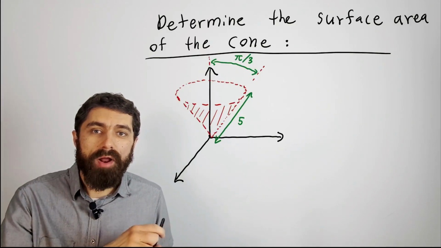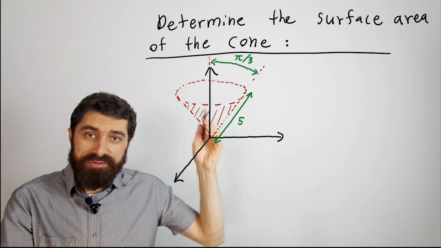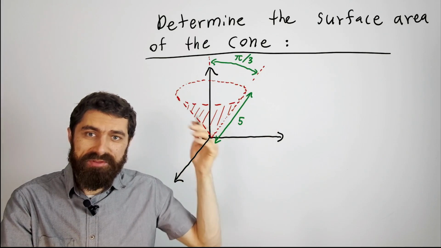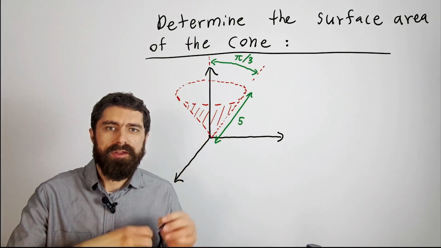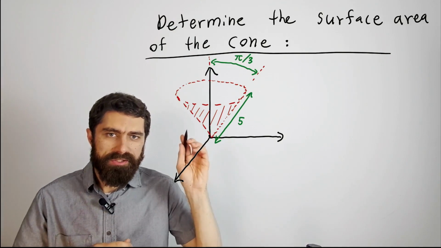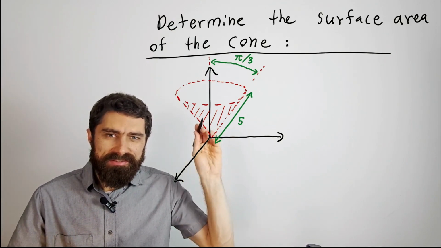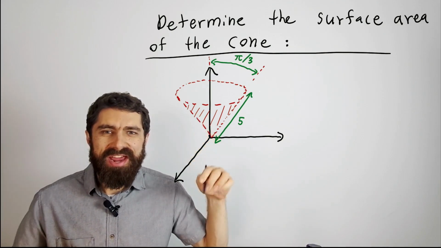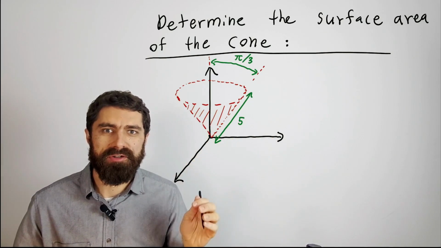So our first problem is going to be determining the surface area of this cone here. To find the surface area, we want to break up this surface into little tiny infinitesimal surfaces and then integrate across the entire surface to find the total surface.